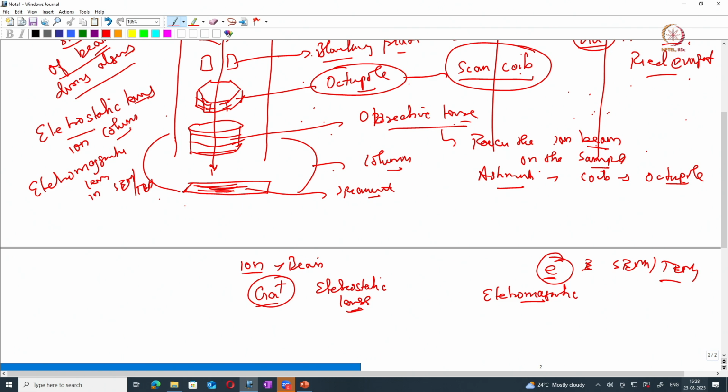Okay, so why is this different? In electromagnetic lenses, usually the force which is exerted by the magnetic lens on a charged particle, or we can say an electron, in the case of electromagnetic lens, is directly proportional to the velocity.